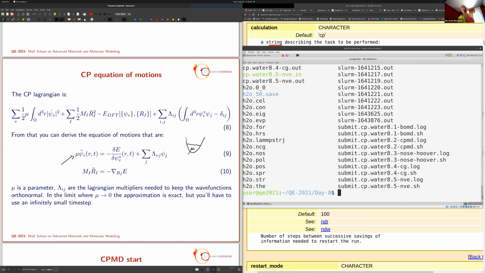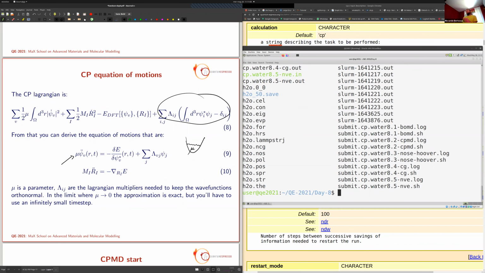Then there are other things that maybe are not very important, but you have to know that they exist, that are orthonormality constraints, needed because you want the wave functions to be orthogonal to each other.